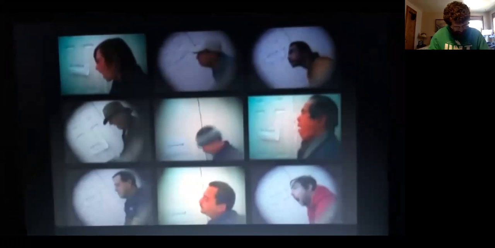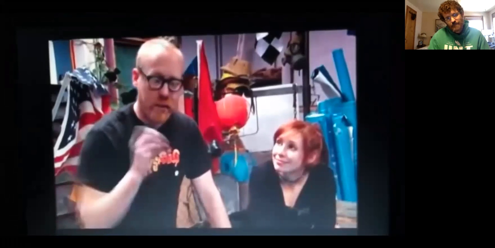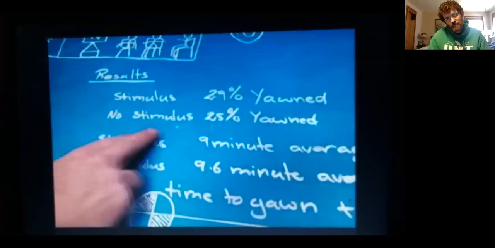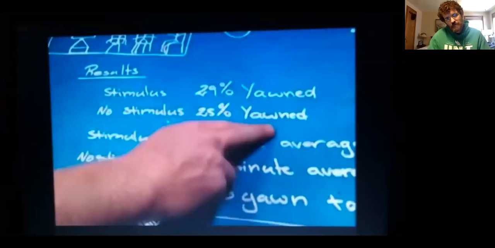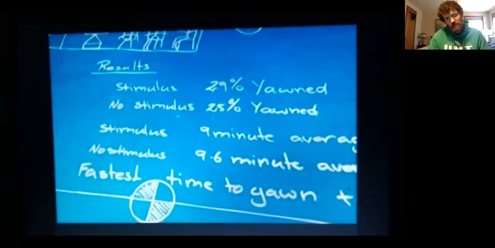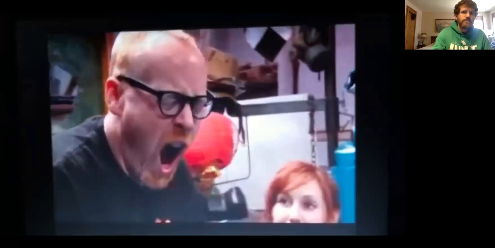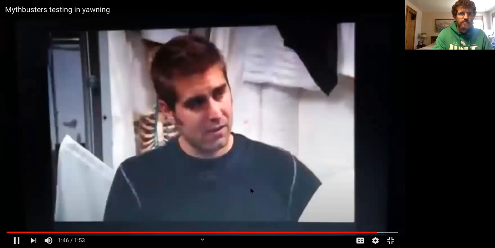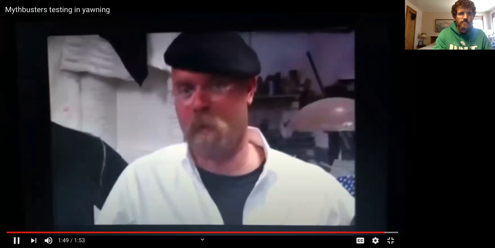The Mythbusters suddenly have the Midas touch. The results are in, and when the people we tested got no seed yawn, no stimulus, they yawned 25% of the time. When they got stimulus, they yawned 29% of the time. I'd say it's confirmed. There's little doubt it does seem to be contagious. I bet the audience at home right now is probably yawning.